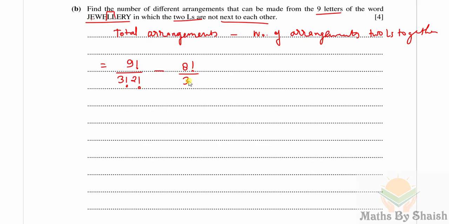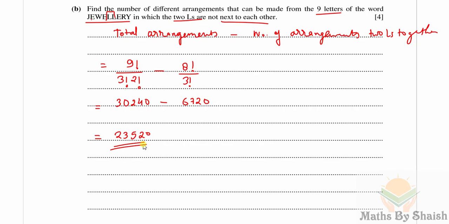Now we will calculate this. 30,240, and this value is 6,720. So the total number of different arrangements would be 23,520. I hope it is clear.